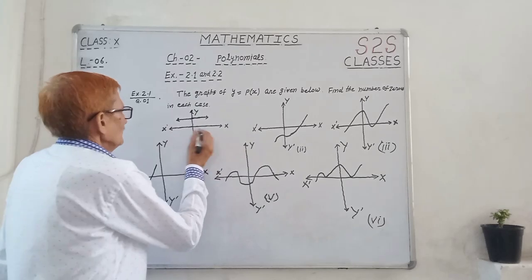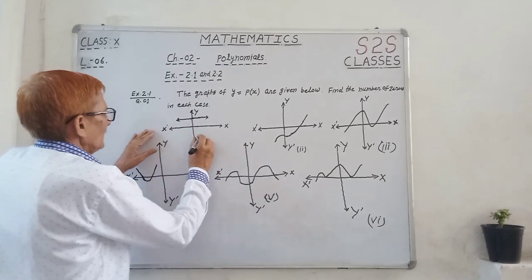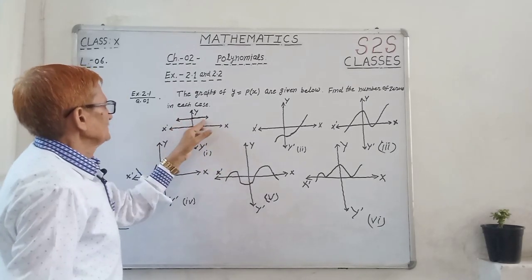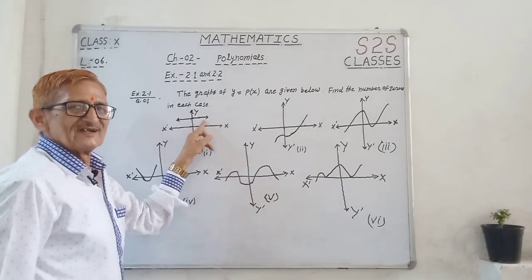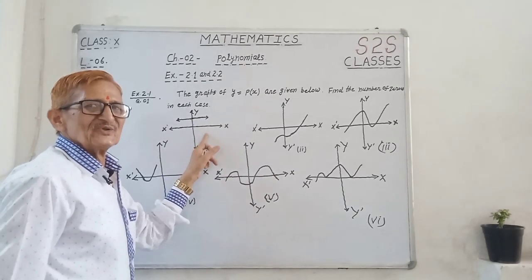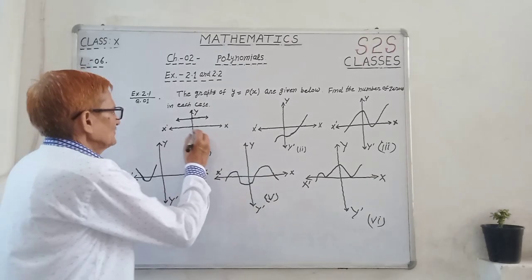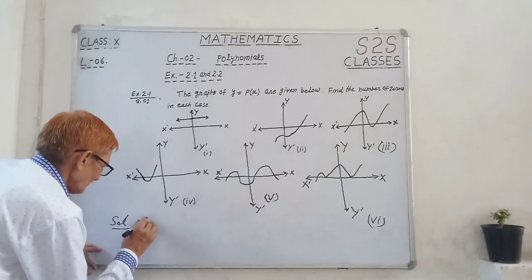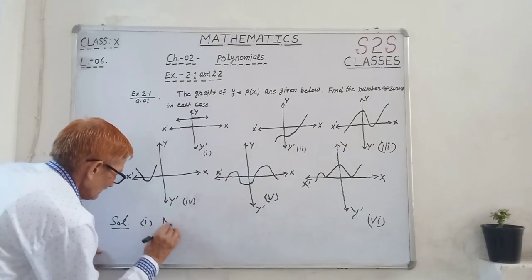Okay, now first graph, you see first. Here the graph is a line parallel to the x-axis, not cut anywhere, so no zeros. First part answer, no zeros.